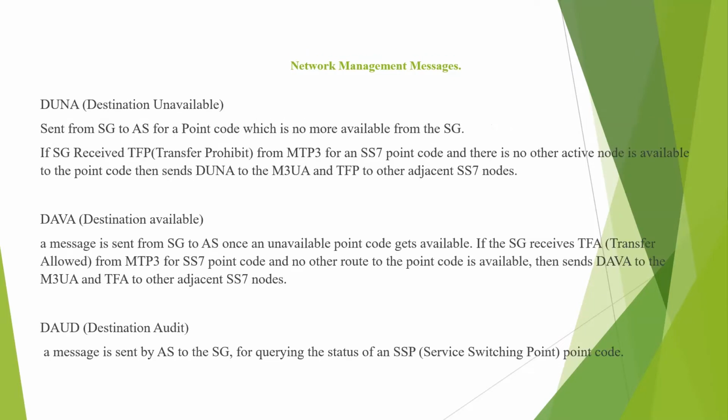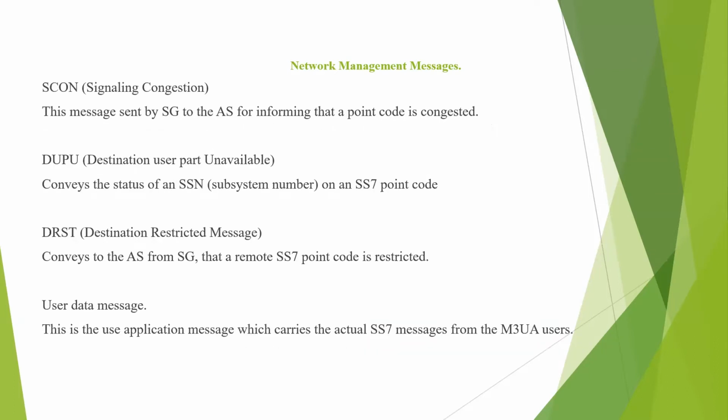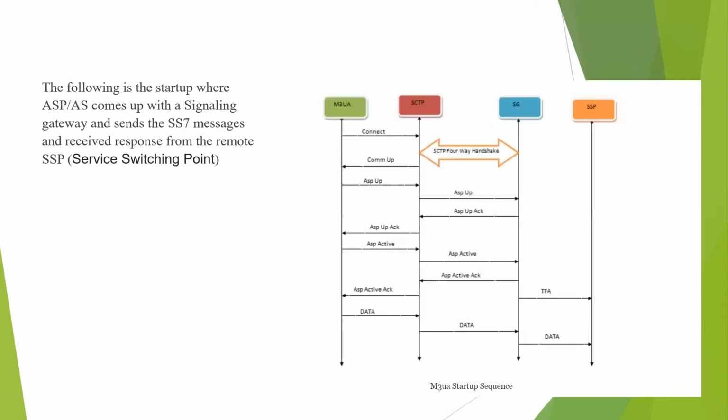We have various messages: destination unavailable, where a message is sent from the signaling gateway to the application server for a point code which is no more available from the signaling gateway. Destination available. We have the destination audit, signaling congestion, destination user part unavailable, restricted message, and finally the user data message.